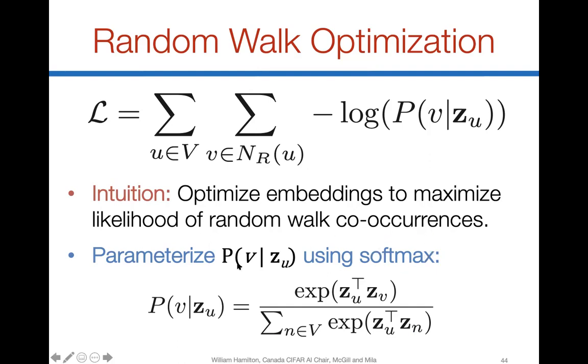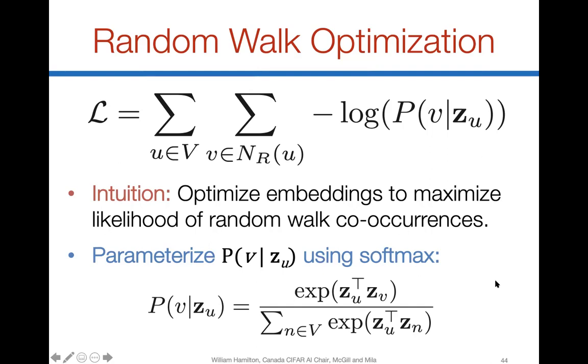How this softmax function works is it allows us to get probabilities from these embeddings. So if I want to know the probability of seeing node V on a random walk starting from node U, based on my embedding Z of node U, on the numerator I'm going to take the dot product of the embeddings for nodes U and V and put it through the exponential function.